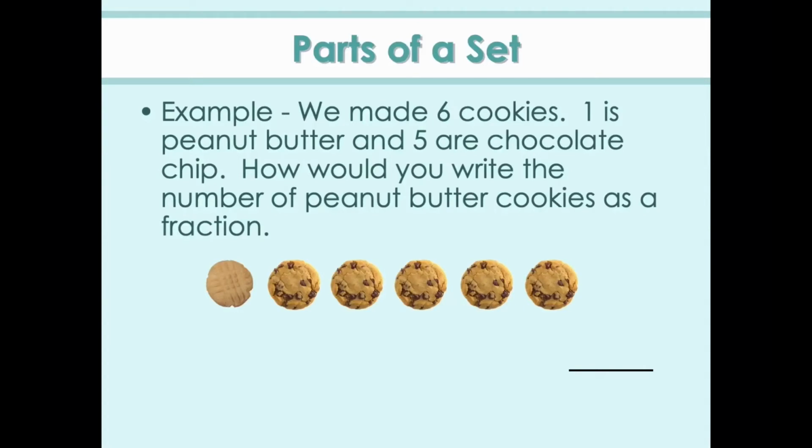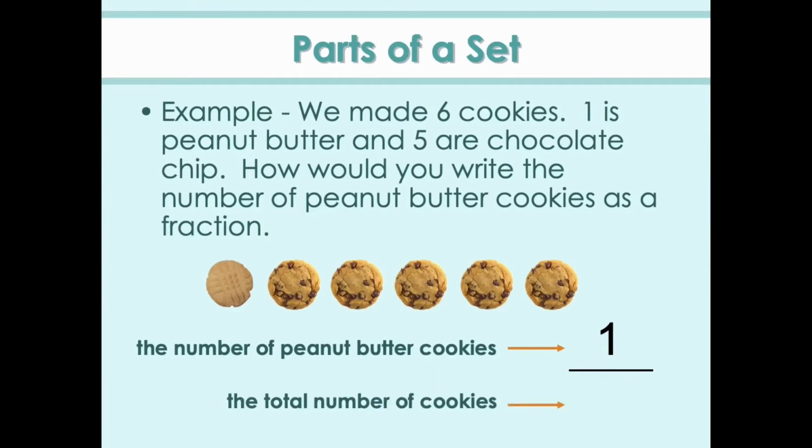To write the fraction, you're going to look at the number of peanut butter cookies. How many peanut butter cookies do we have? We have 1. To find the total number of cookies, which is the denominator, which would be 6, because there are 6 total cookies.